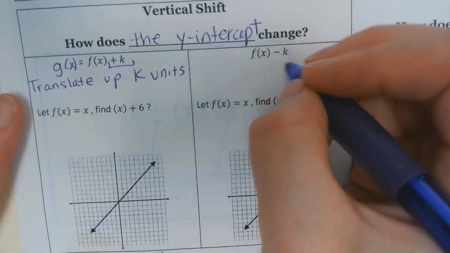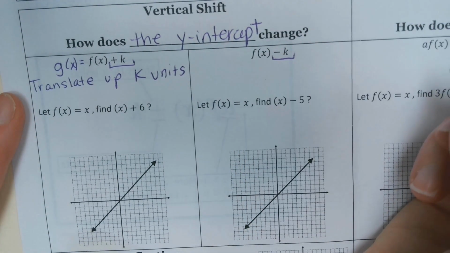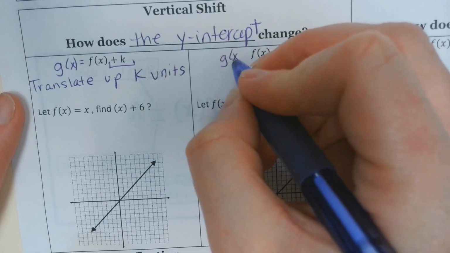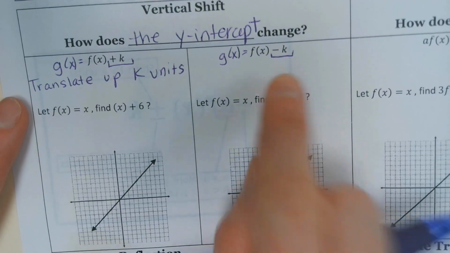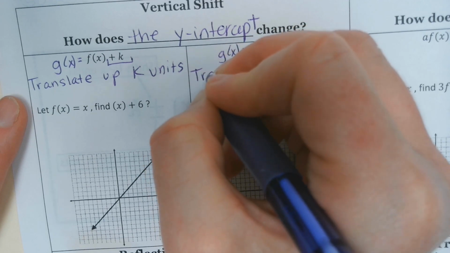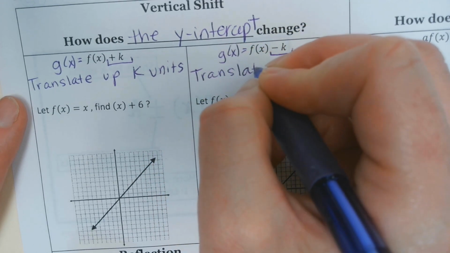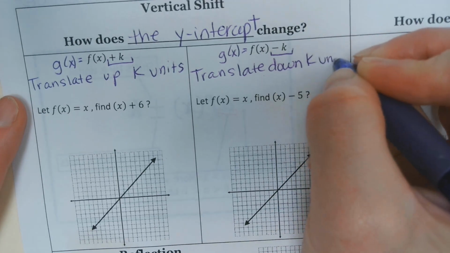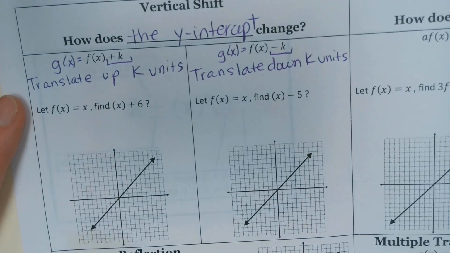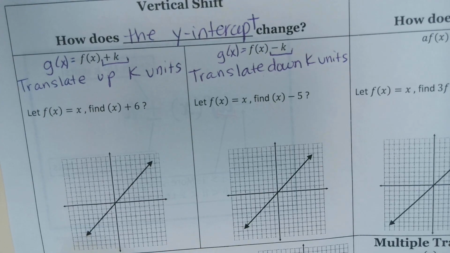And whenever we have a minus k, that means go down. So translate down k units. So a plus means goes up, a minus means goes down.